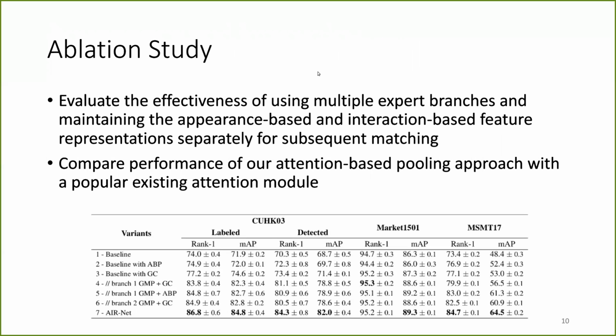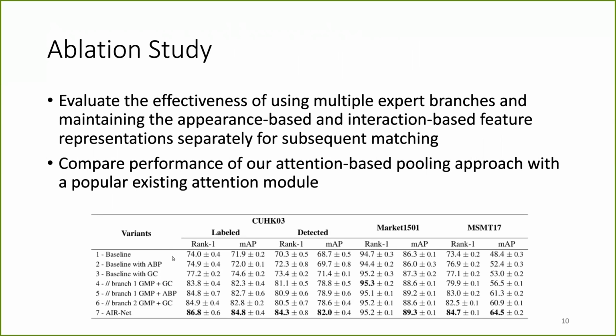So we also performed an extensive ablation study, and the idea was to evaluate the effectiveness of the multi-branch approach. And also we wanted to compare our attention-based pooling approach with other popular attention modules. In the table below, you can see that the baseline, which comes first, is basically just a single branch model with global pooling.